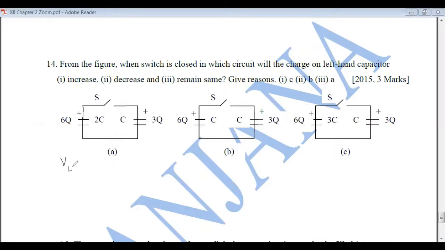Let's find out the potential of the left capacitor, that is the left of the switch. Okay, we know that this potential is given by charge upon capacitance.